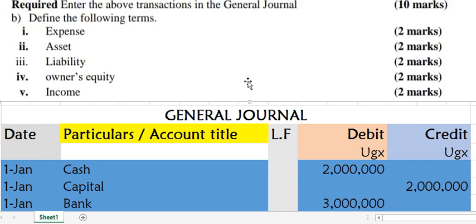Owner's equity is the residual interest in the assets of the business after deducting all its liabilities. Incomes are increases in assets or decreases in liabilities that result in increases in equity other than those relating to contributions from holders of equity claims. Income will include revenues and gains.